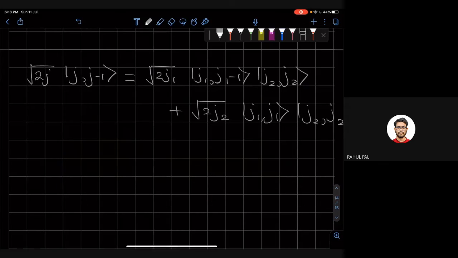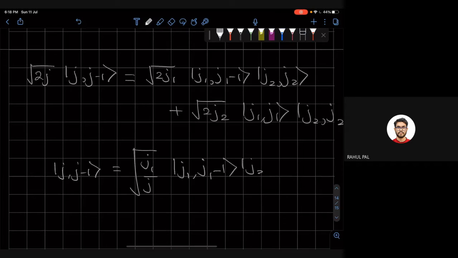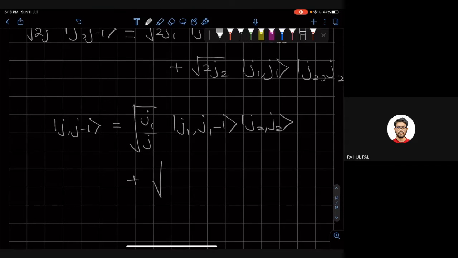Then I can divide both sides by square root of 2j. Then I get the state j minus 1 equal to square root of j1 by j times the state j1 minus 1, j2, plus square root of j2 by j times the state j1, j2 minus 1.